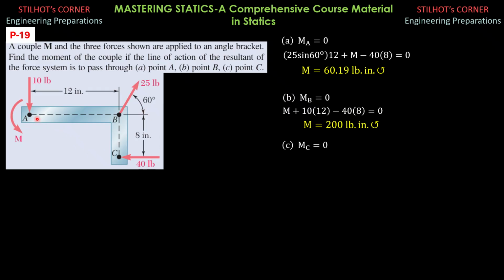So for part C, M plus 10 times 12 minus 25 cosine of 60 times 8 equals 0. Solving for M is negative 20 pound-inch. Because it is negative, it means M is 20 pound-inch clockwise. So that's it for this problem.